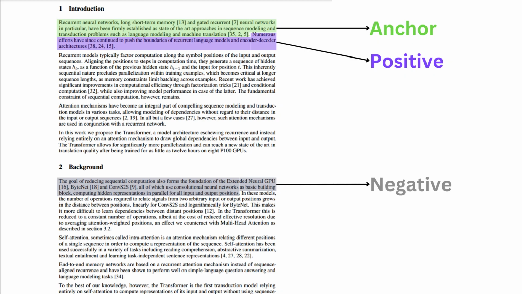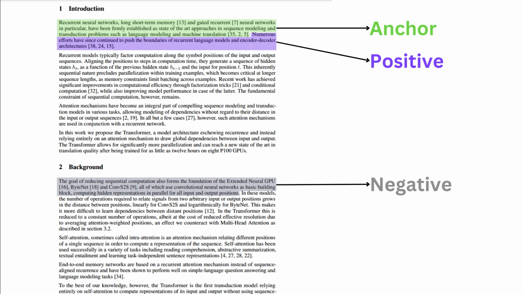That might sound tricky to construct initially, but we can actually use a heuristic to do this. Constructing your triplet data set can be done with a distance heuristic. How you would do this is you would first select your anchor, which could be, let's just take the first sentence in a document, for example.